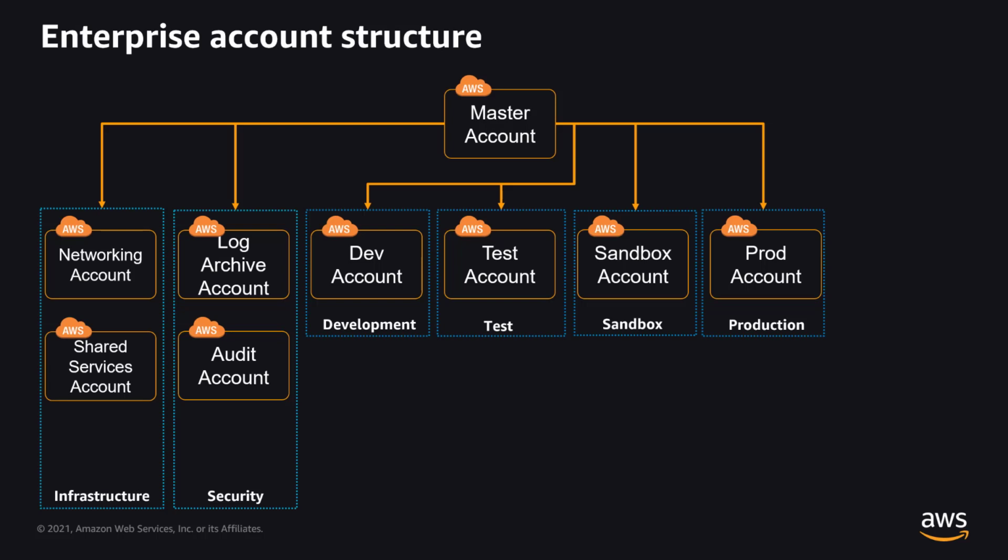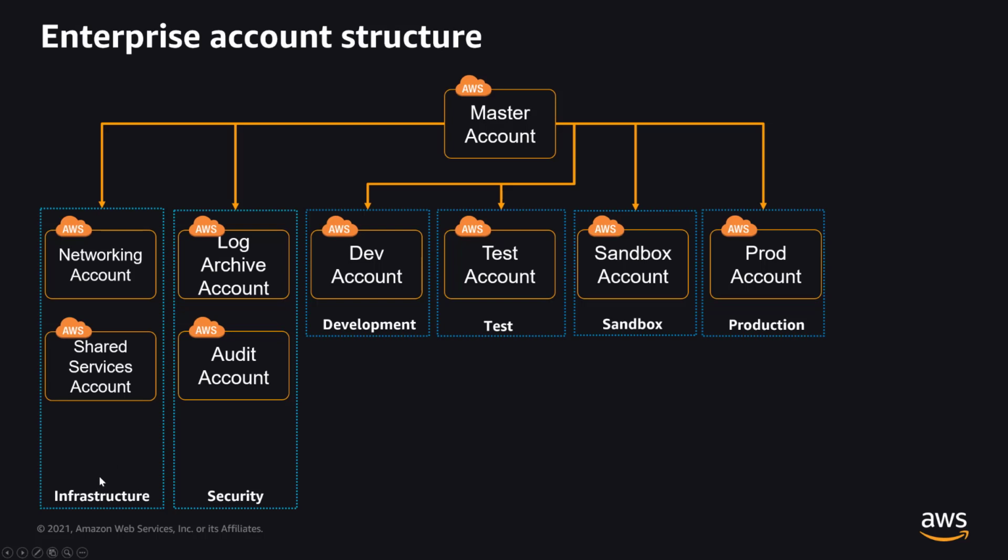In this case, this slide shows a sample account strategy or structure. Using the AWS Control Tower service, this structure can be created and maintained. What we need to focus on here is not AWS Control Tower, but the infrastructure organization unit and multiple other organization units, like the production OU.